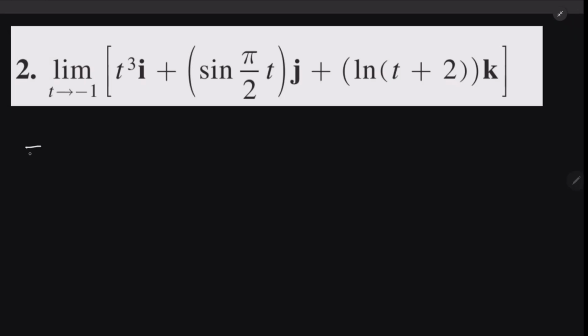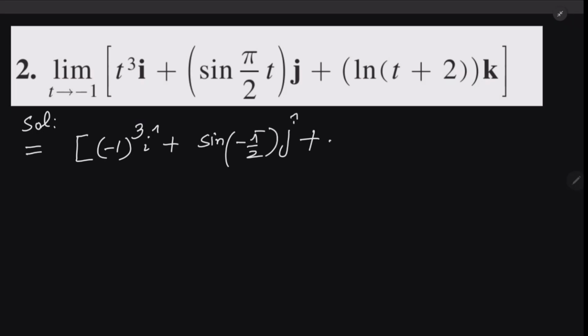Let me solve the second question. This is a bit easier. I apply the limit. So this becomes minus 1 cubed i, then we have minus pi by 2 j plus natural log of minus 1 plus 2 k unit vector. So I apply the limit to all the components over here.